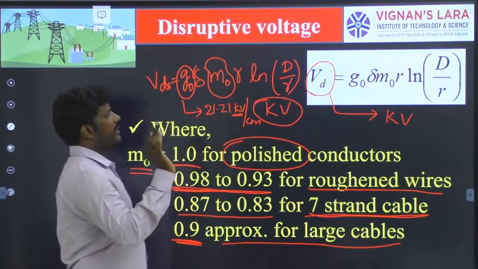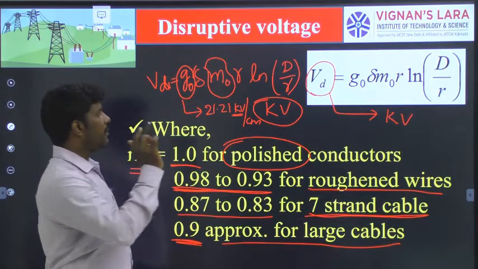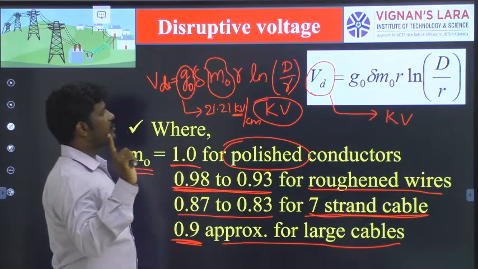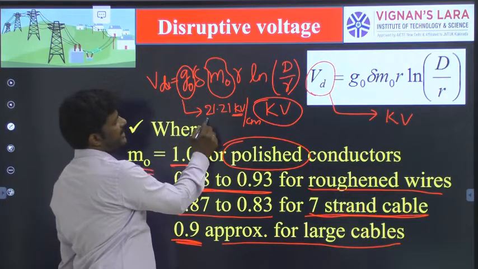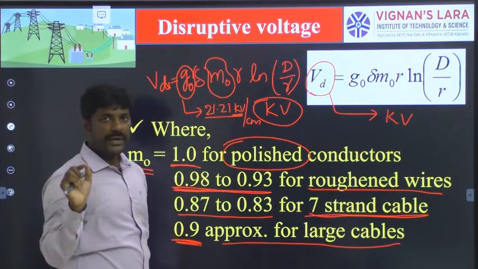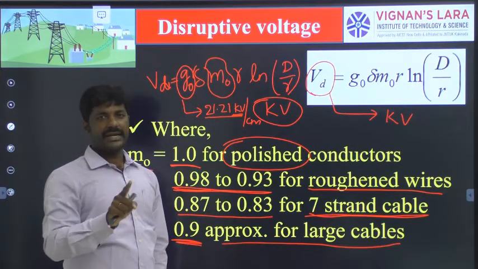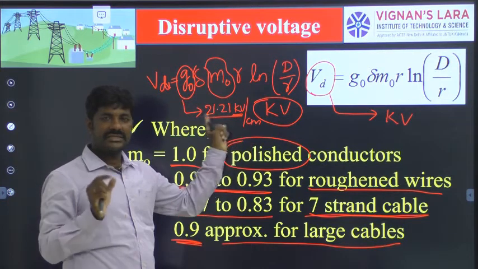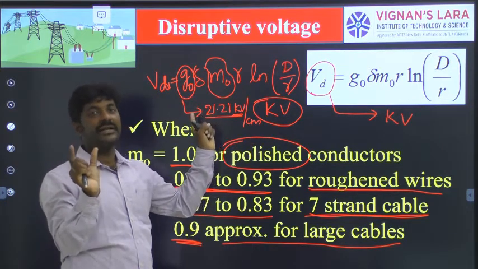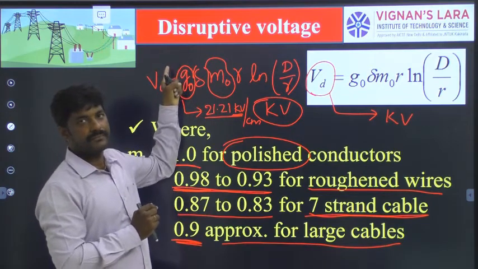To be more specific, in order to have correct calculations, one important precaution should be taken. G naught, if you verify here, is defined as 21.21 kV. It's an RMS value, purposefully selected as RMS per centimeter. So this G naught is defined for centimeters.